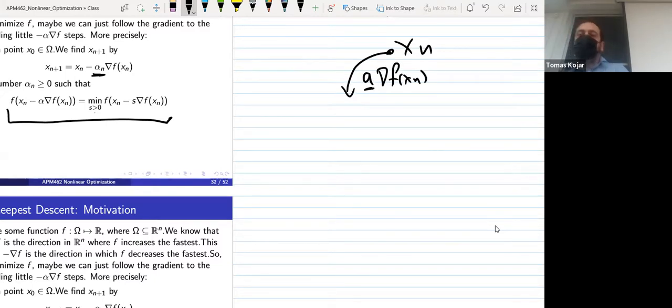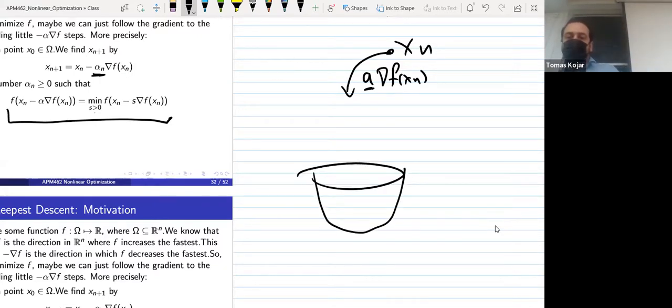You want to pick a jump alpha, but if you go back to your picture with the parabola, and this is the min, you want to jump so that you're still below this line. You don't want to jump and go up here.